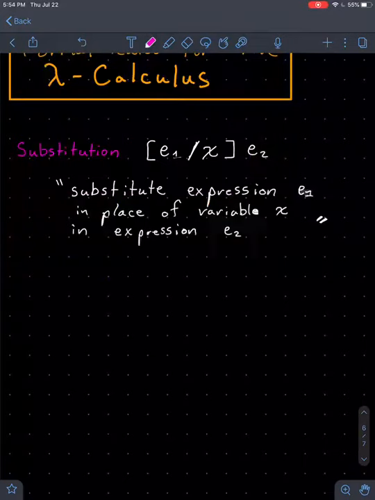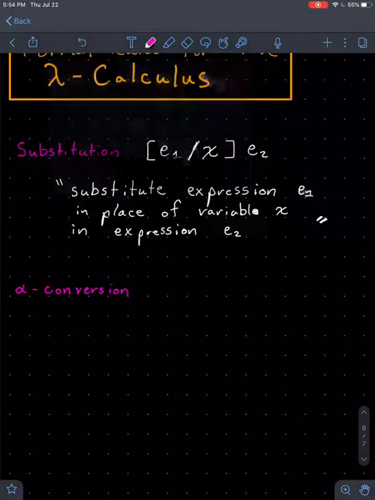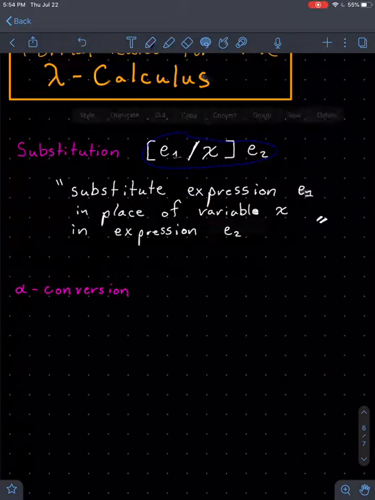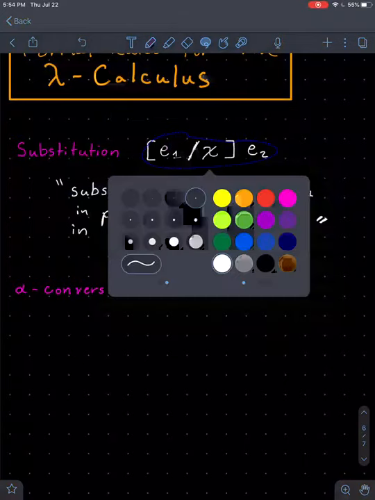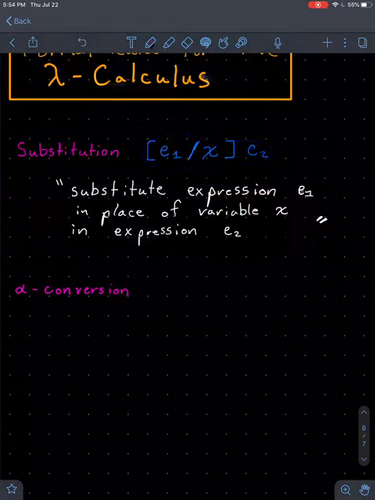Next, these are the main rules now that we're getting to. This rule is called alpha conversion. I'm going to change our colors a little bit. Let's do these in blue.